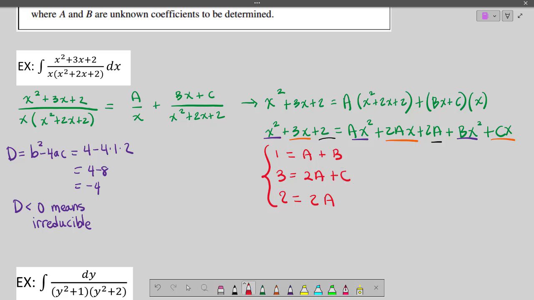All right, so what we see here is that a is 1. Oh, that solves everything for us, actually. If a is 1, then c is 1. And if a is 1, then b is 0.